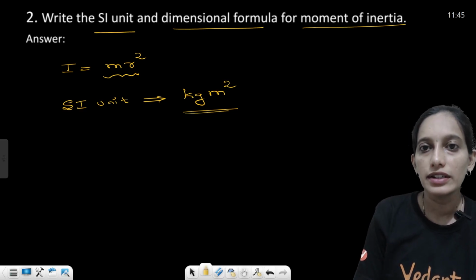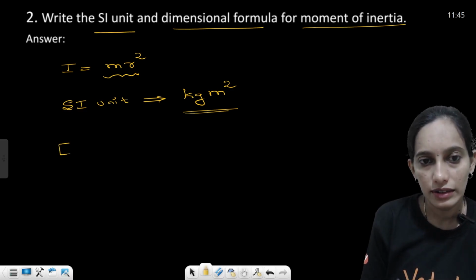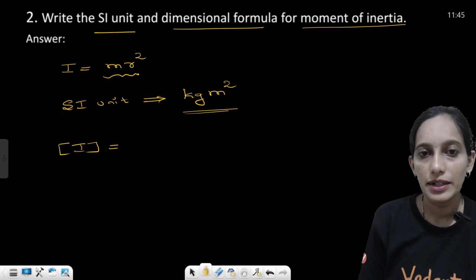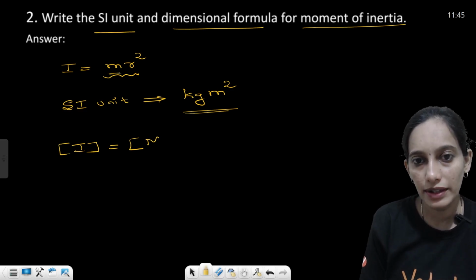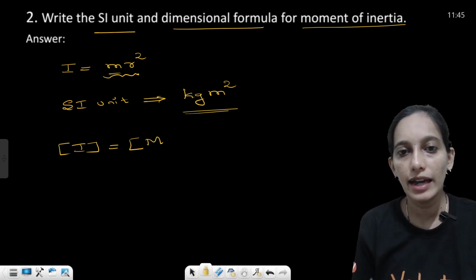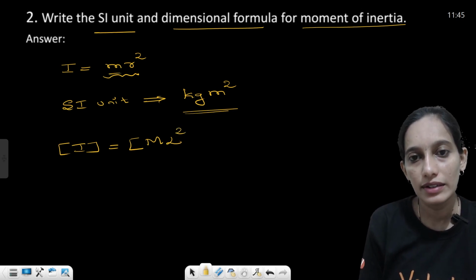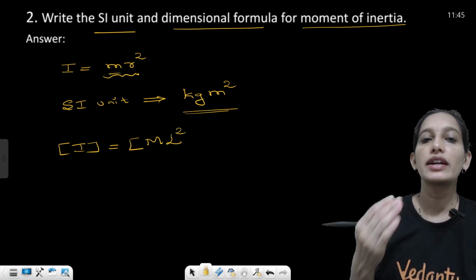Next, they have asked for the dimensional formula. The dimensional formula of moment of inertia: I is equal to m r square. Here m is represented by capital M in the dimensional notation, and r square is L square. R is length, so it has a dimension of length.